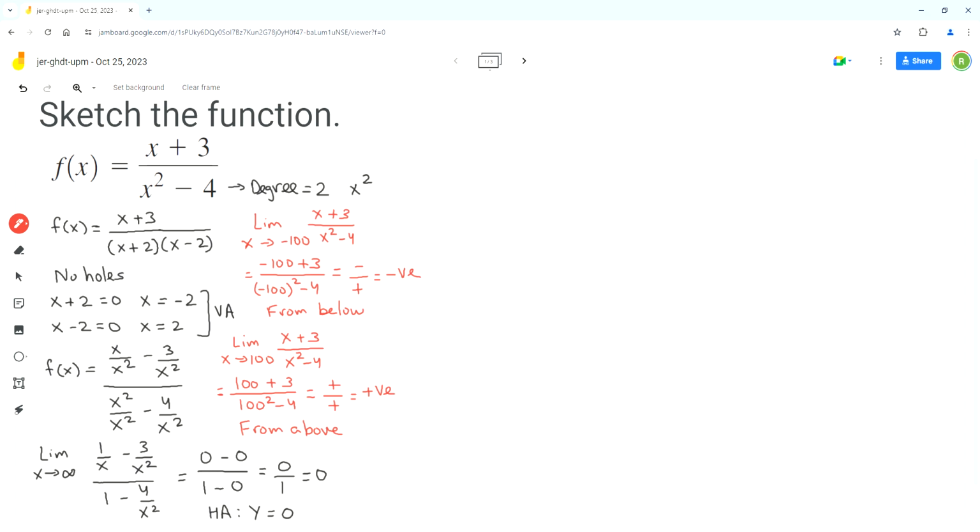Now we can find the intercepts for this function. So let's start with the x-intercept. So for the x-intercept we should sub in the function value as 0.